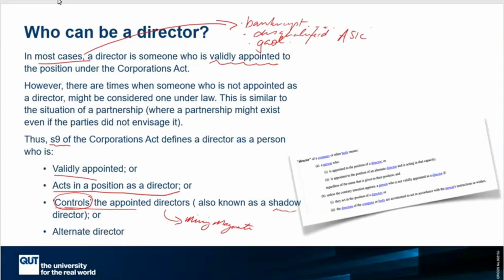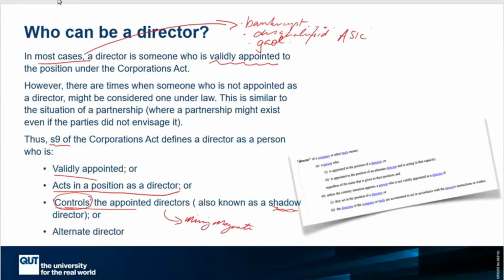So what you're really doing is directing the company through a puppet, for want of a better term. You're in the shadows being a director. If you're exercising control, you will be a director. So you can't get out of the liability of being a director by appointing someone else and then telling them what to do. That's what this provision overcomes.